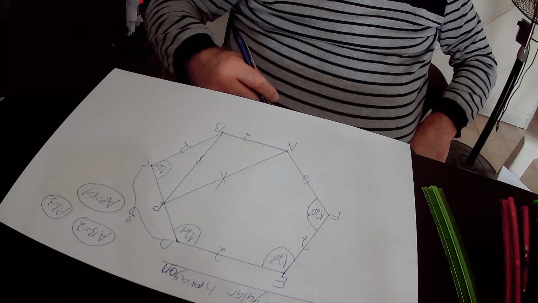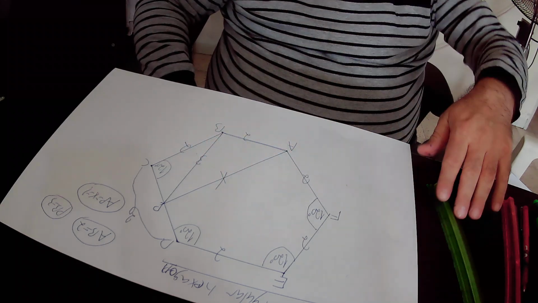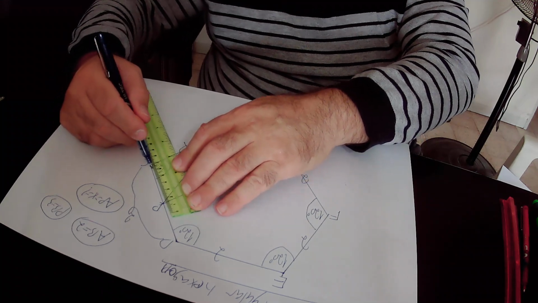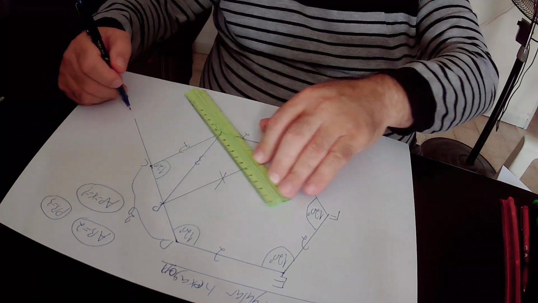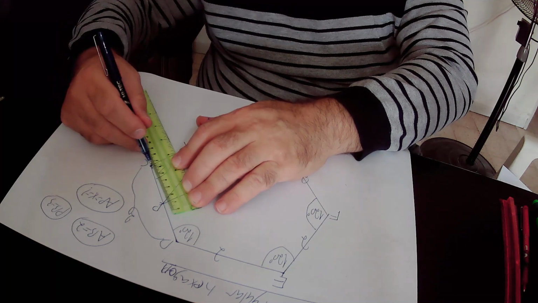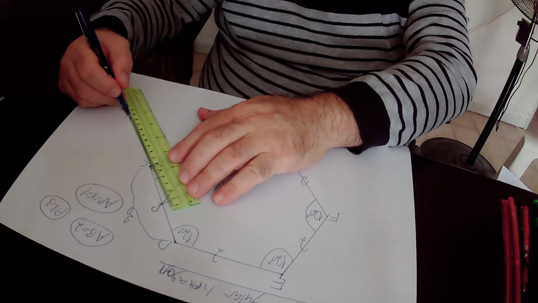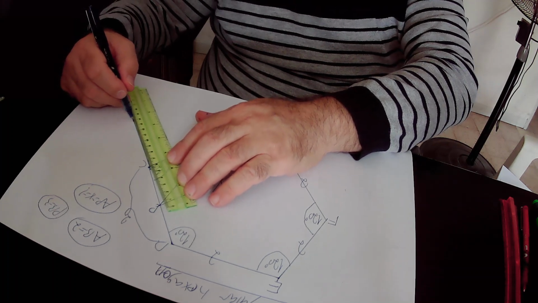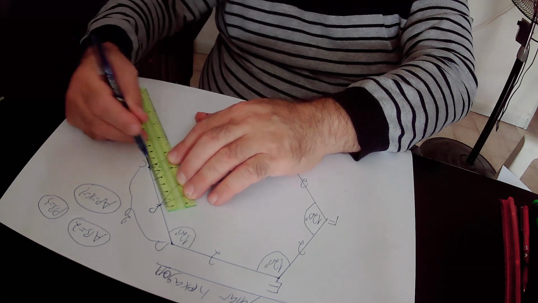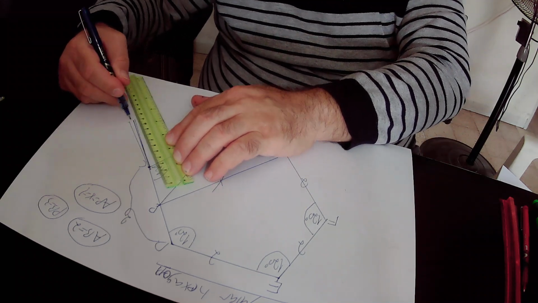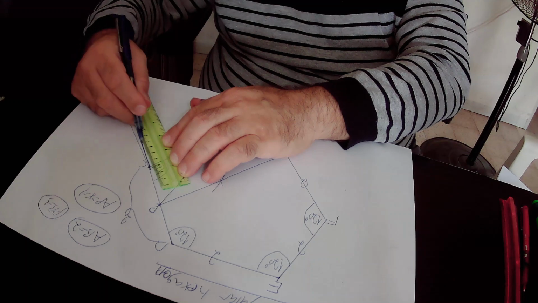And we will extend side DC by a straight line. DC is one side, one out of the 6 sides of this regular hexagon, and therefore it is absolutely a straight line. Okay, so DC is a straight line.